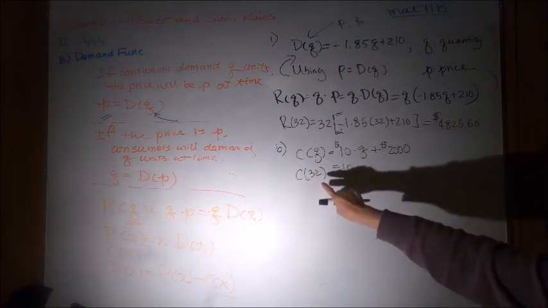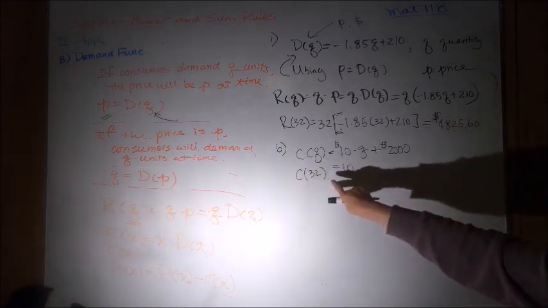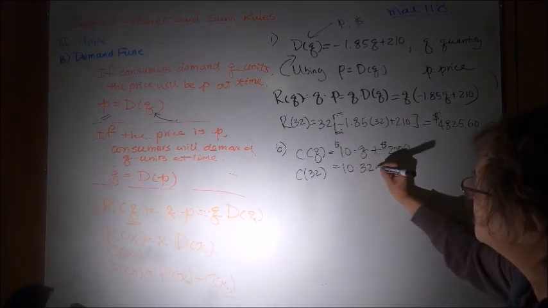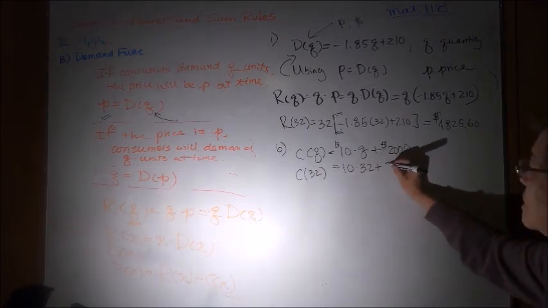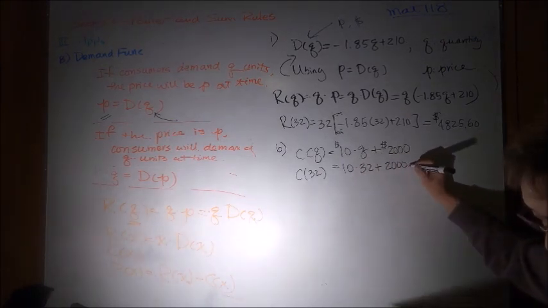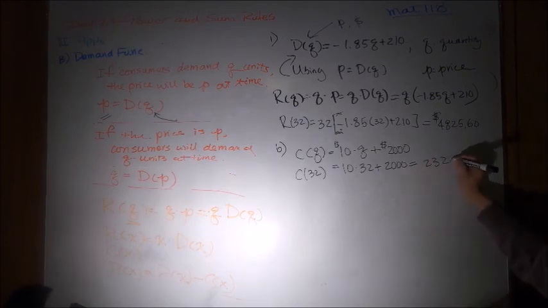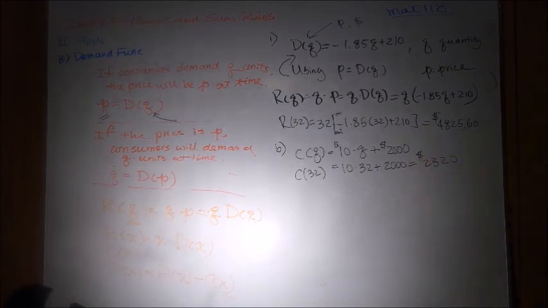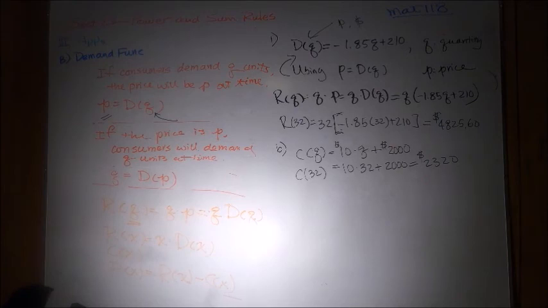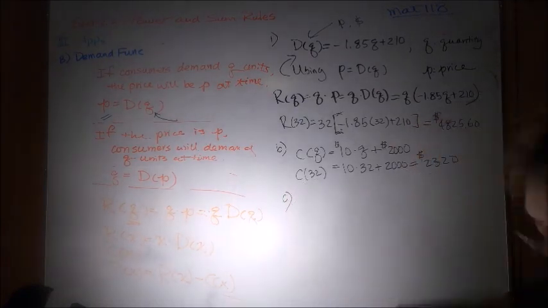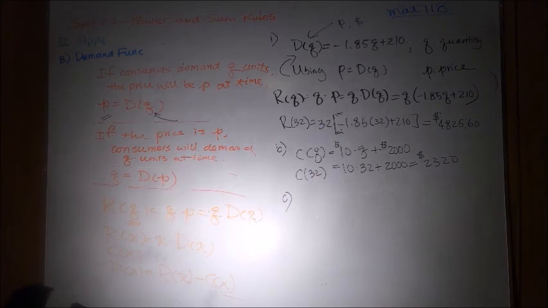So we produce 32 of them, so you will times 32 plus 2,000, so that will cost you $2,320 to produce. Okay? Then let's look at the next one.